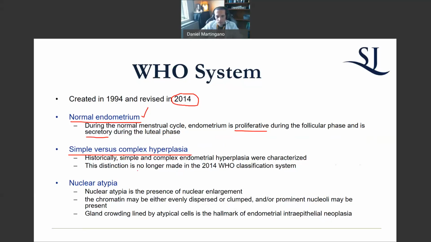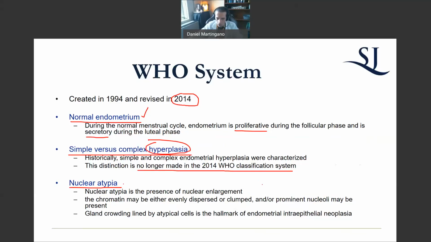But that is not even really what a classification is. So it'll mention if you have hyperplasia, okay? And then really atypia is the thing you're concerned about for carcinoma. It's nuclear enlargement. The nucleus shouldn't be enlarged, right? Because that means that it's working hard to do something.